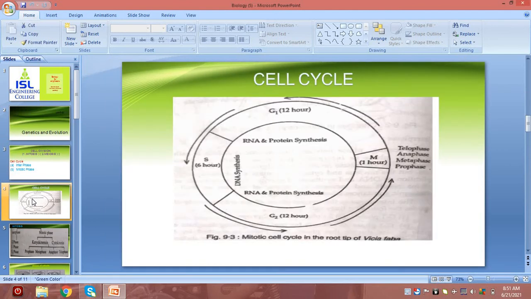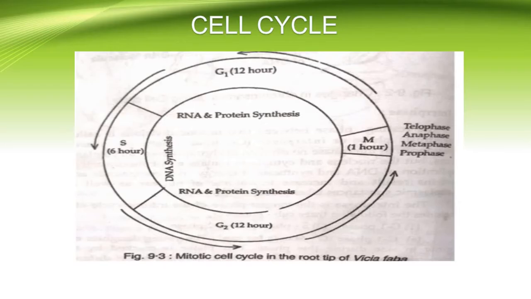So we were discussing the cell cycle. In the G1 phase of the cell cycle, RNA and protein synthesis will take place. And the G1 phase is followed by the S phase, the synthesis phase, where DNA synthesis is taking place.